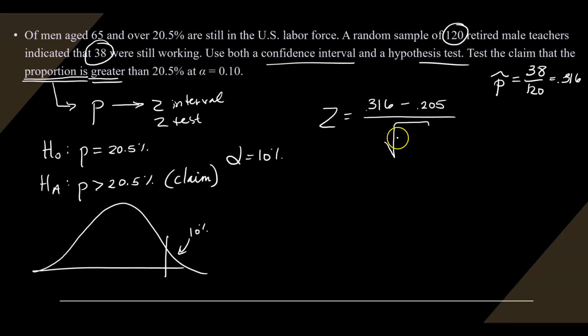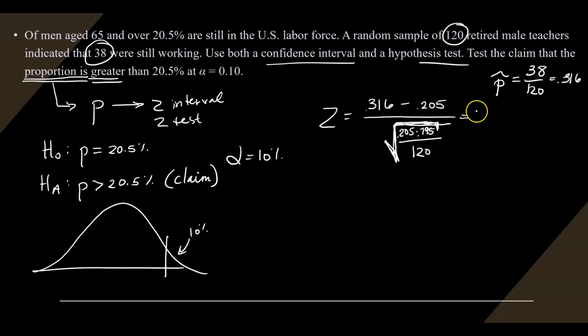So this one is going to be 0.205 times 0.795 over 120. This whole entire thing is going to be inside the square root. When we are doing a hypothesis test, we are using the hypothesized value because that's the p rather than the p-hat. If you didn't have the p, you'd use the p-hat.